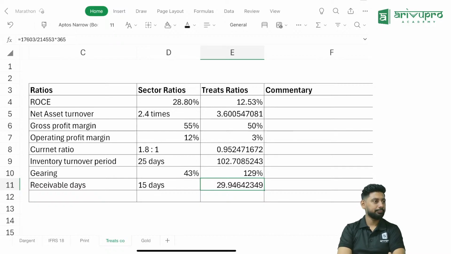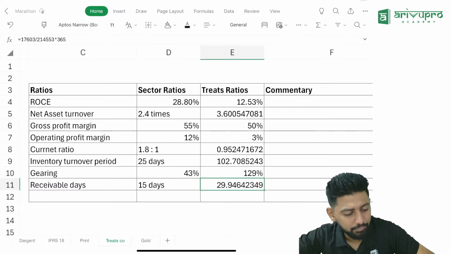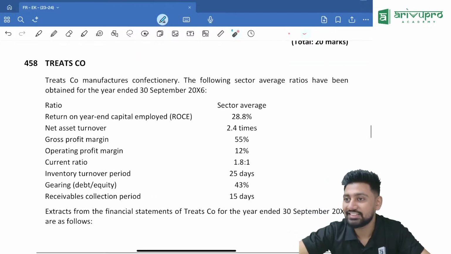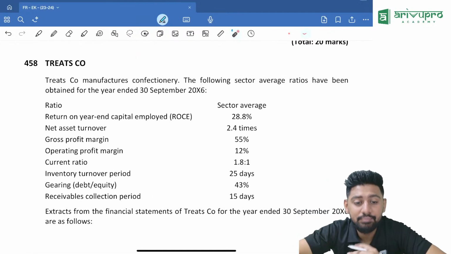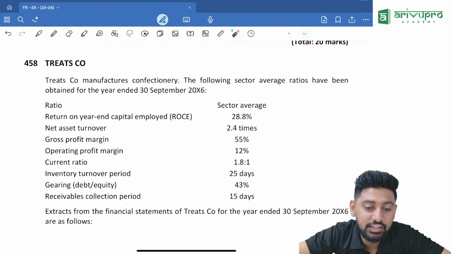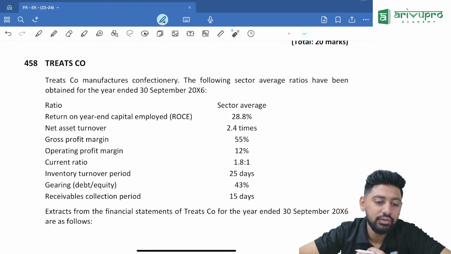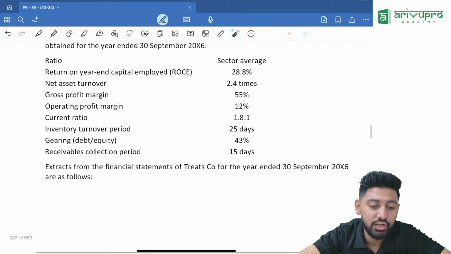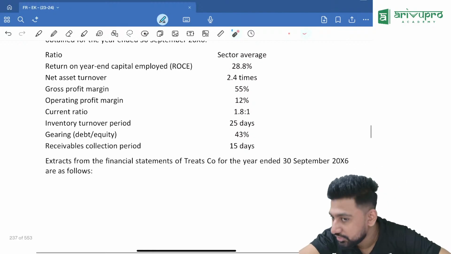We've understood the ratios. Now I'm in the exam, and I am going to read the scenario. Treat manufacturers, confectionery. The following sector average ratios have been obtained for the year ended 30th September 2016. Your ratios are ROCE, net asset turnover, GP margin, operating profit margin, current ratio, inventory turnover period, gearing, and receivables collection period.